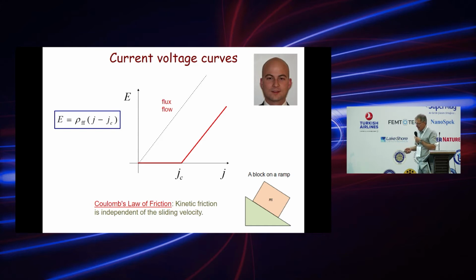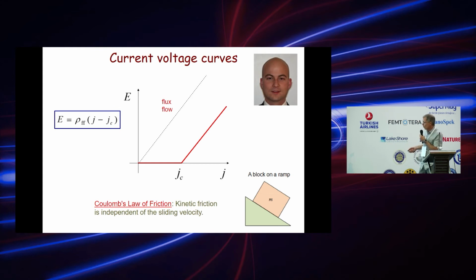So this is actually equivalent to what in tribology, the science of friction, is called the Coulomb law of friction, which is that kinetic friction, so friction of a sliding object, is equal to the rest friction.